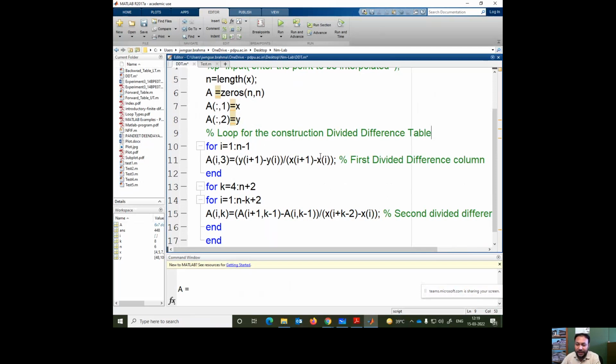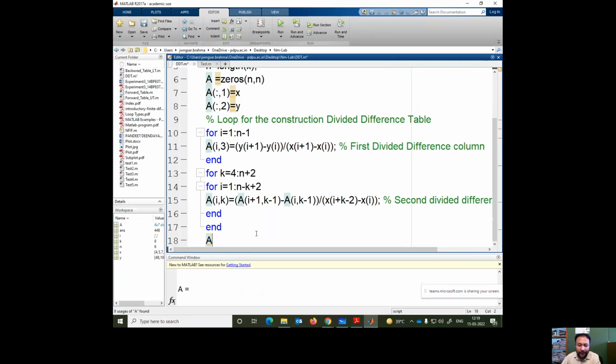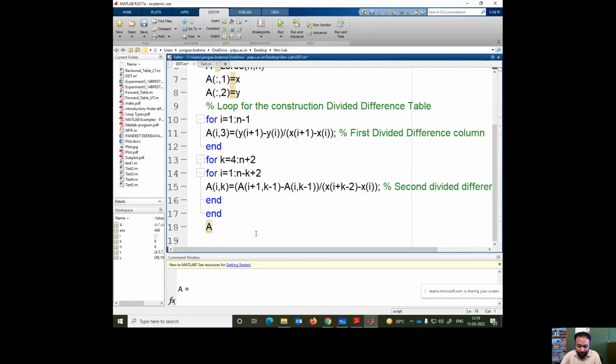Next, I want to write the comment: loop for the Newton divided difference interpolation formula.